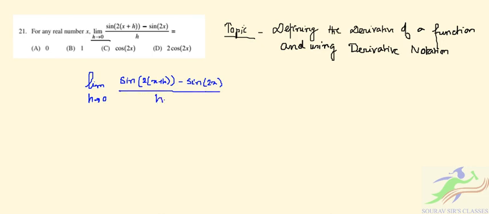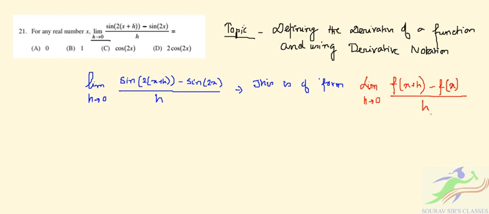This is of the form limit as h tends to 0 of f of x plus h minus f of x, divided by h. Here f of x is given as sine of 2x. So this is one way to express the derivative of f.